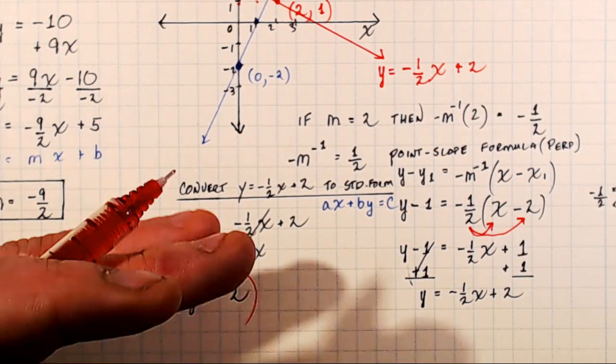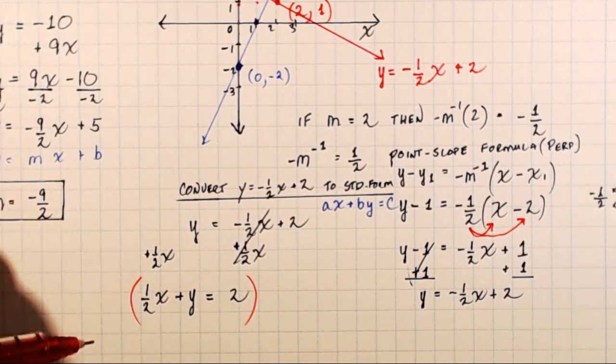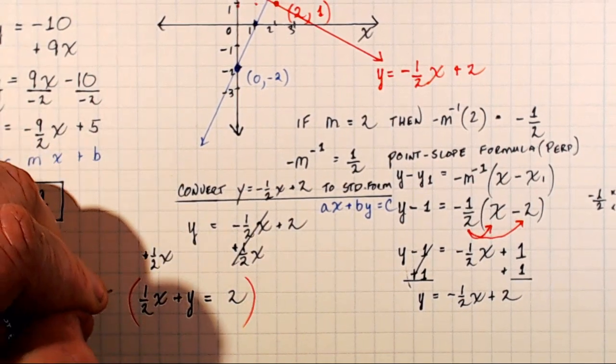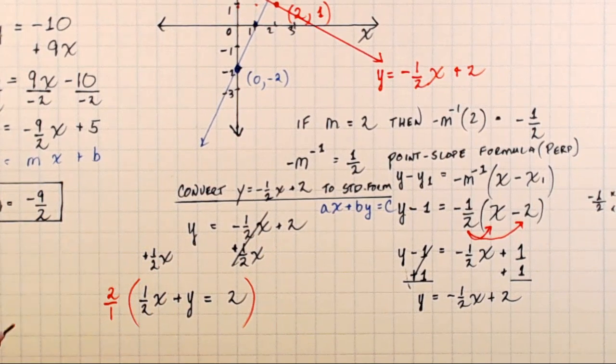Whatever the fraction is, 1 over 10 times 10 over 1 equals 1, because it's 10 over 10. A billion over a billion, so 1 over a billion times a billion over 1 equals 1. Therefore 1 over 2 times 2 over 1 equals 1. So I'm going to multiply the whole equation by 2 over 1.